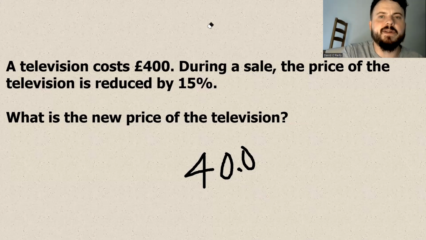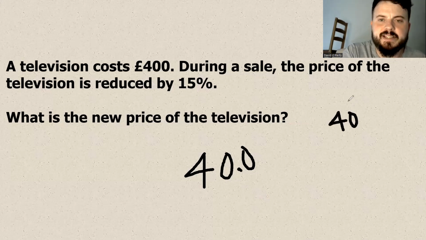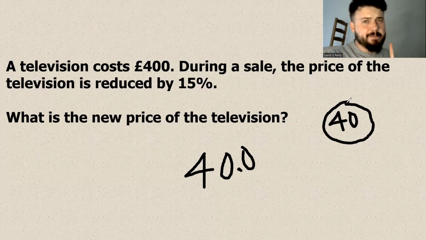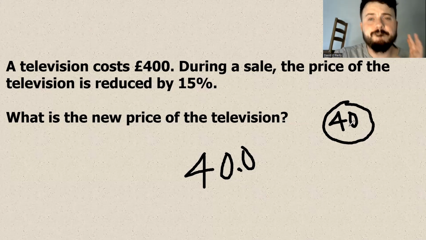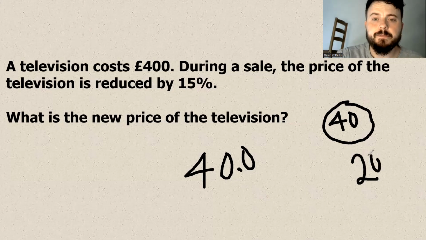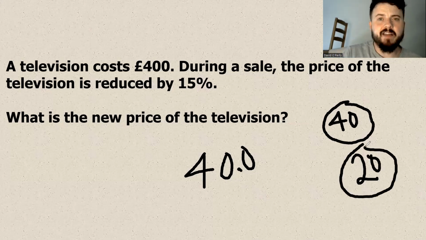So if I know that 10% is 40, and I want to find 15%, let's work out what 5% is. If 10% is 40, 5% must be 20, because 5% is half of 10%. 20 is half of 40.